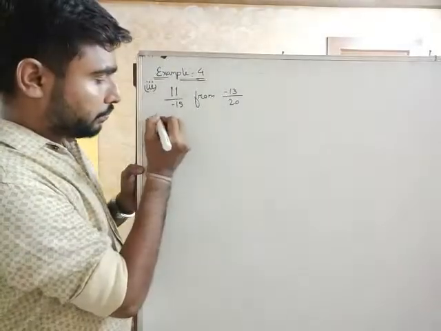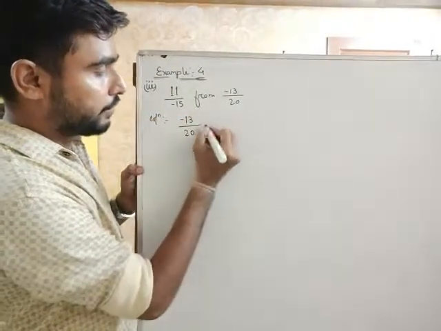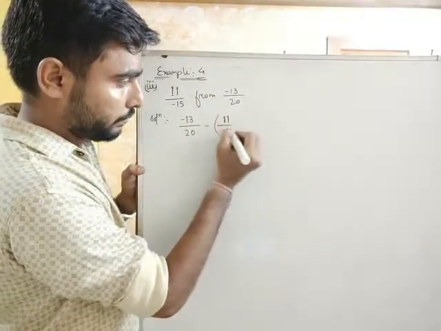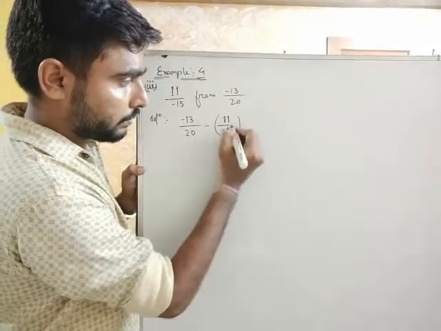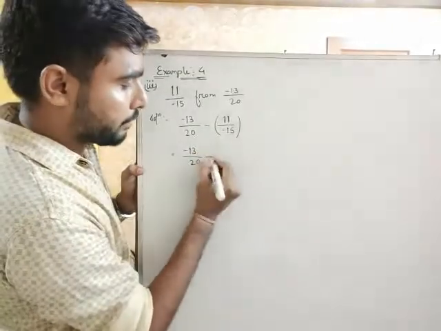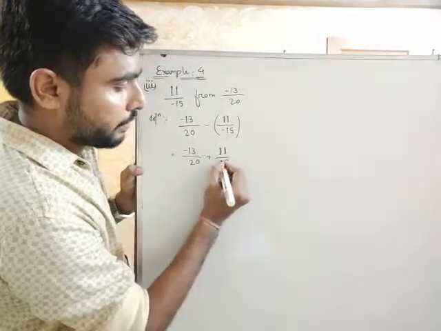So minus 13 by 20 will be written first and minus. Okay, now we shall open the bracket and minus will become plus. So it will become 11 by 15.